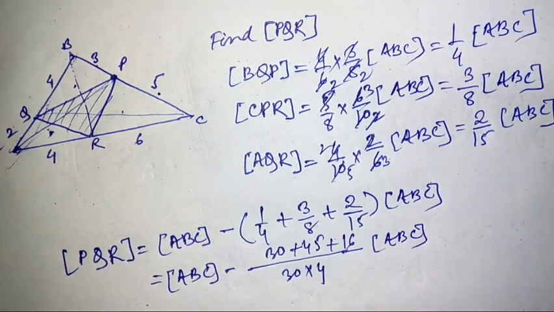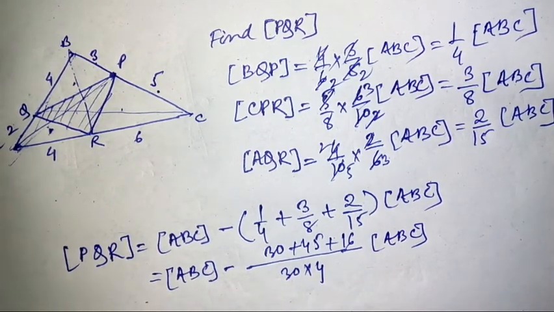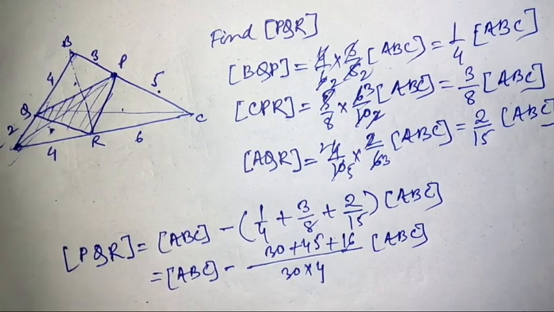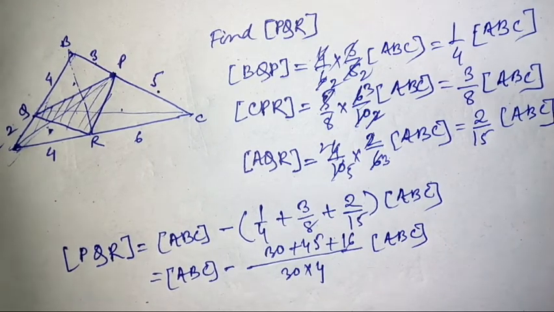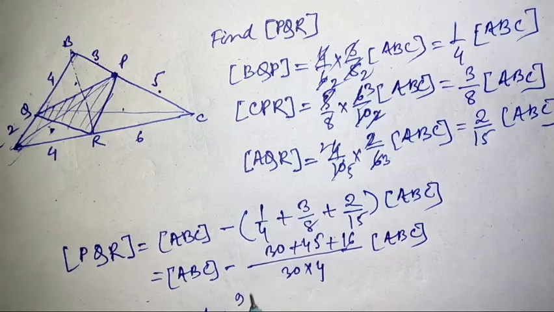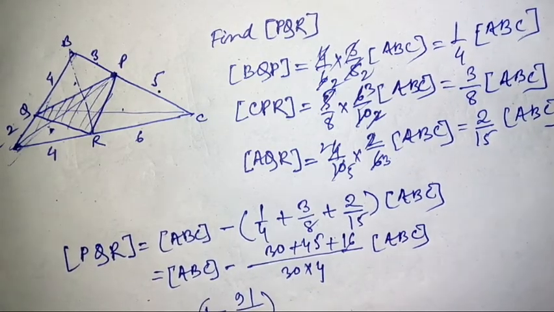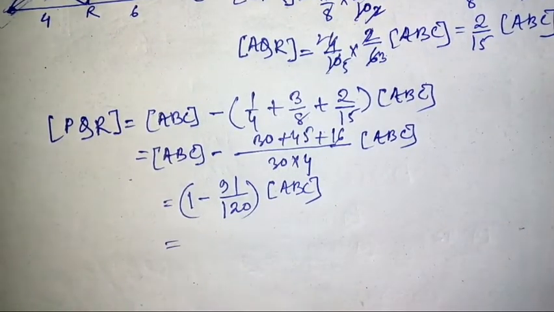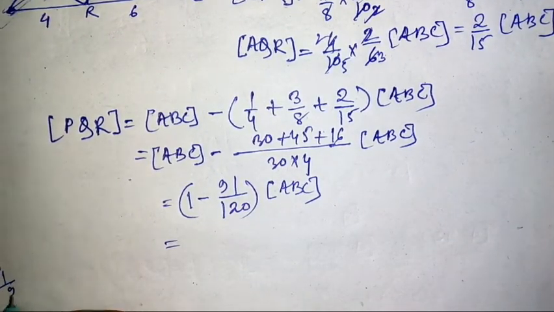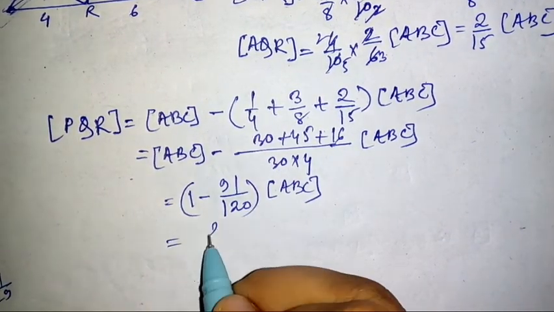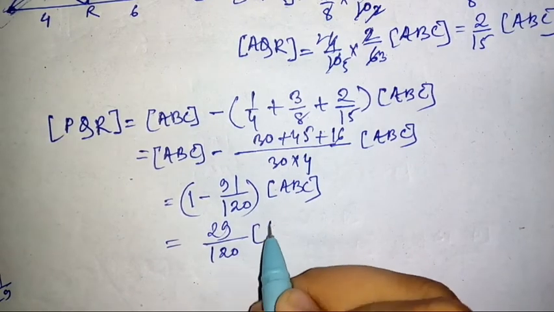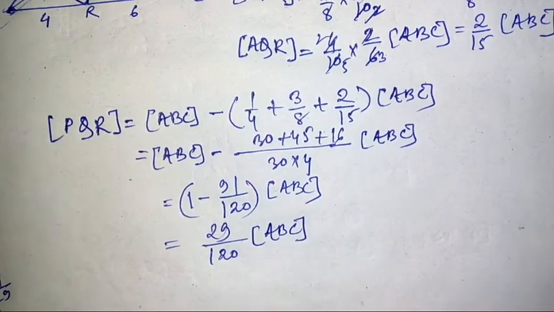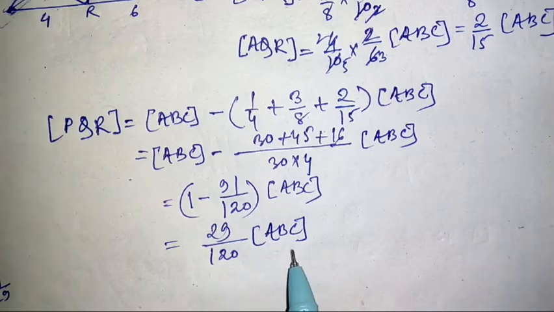So we get 30, 45, 16, which is 91. So 1 minus 91 by 120 into area of ABC, which comes out to be 29 by 120 into area of ABC. So this is our answer.